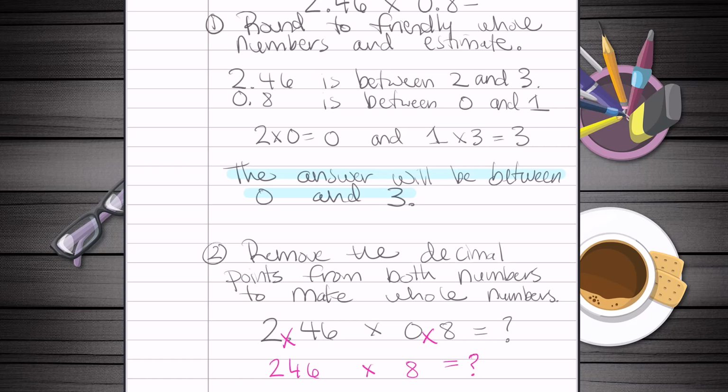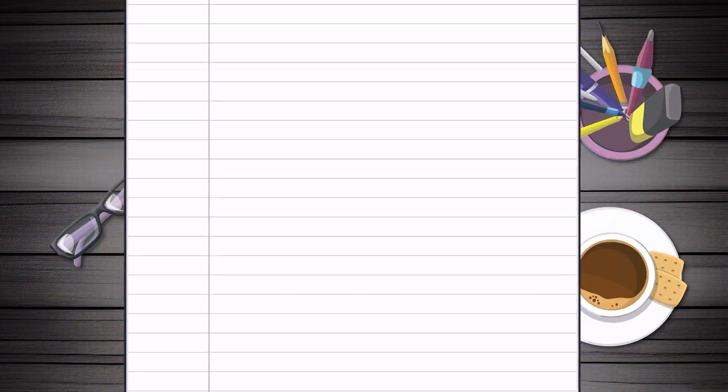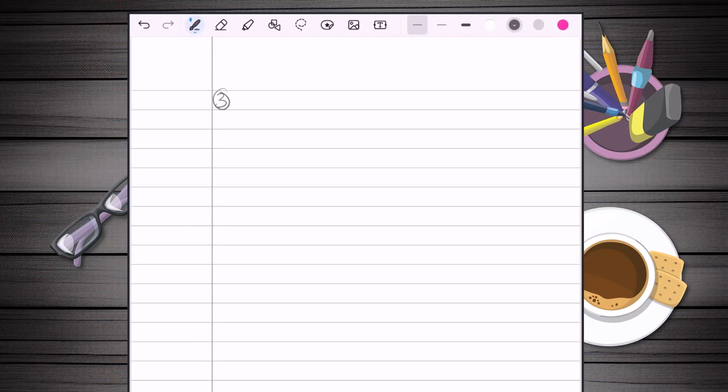I'm going to turn my page because I've run out of room on my digital page, but hopefully in your notebook, you still have room. And if not, it's okay to go to the next page too. Now let's move on to step 3. We're going to stack and multiply using standard algorithm.